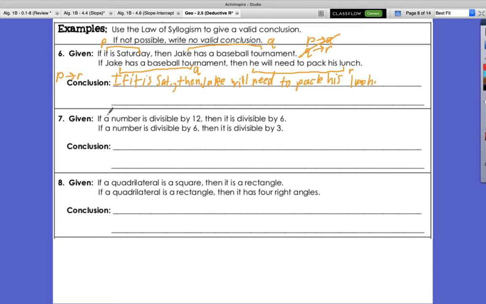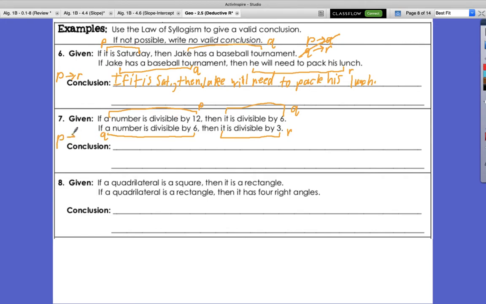Let's look at number 7. If a number is divisible by 12, it's divisible by 6. If it's divisible by 6, it's divisible by 3. So a number is divisible by 12, that's P. It is divisible by 6 is Q. A number is divisible by 6, we've seen this before, it's our Q. It is divisible by 3, that's our R. So it does go if P then Q, and if Q then R. So this follows our pattern.